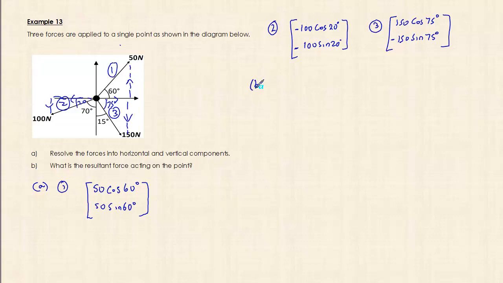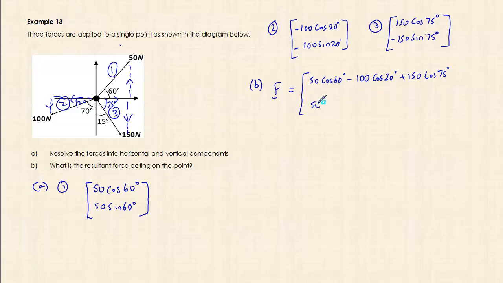Now for the resultant force. Now that we have these resolved into components in the same two directions, we can just add the components. So we're going to have 50 cos 60, take away 100 cos 20 plus 150 cos 75.